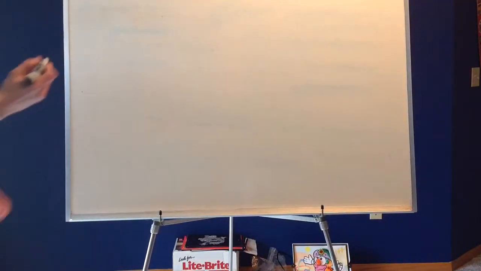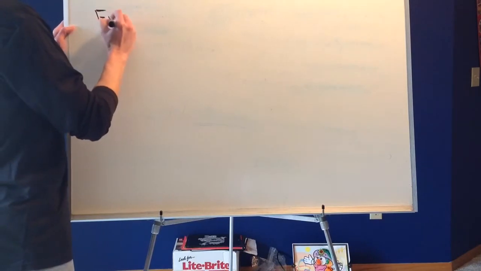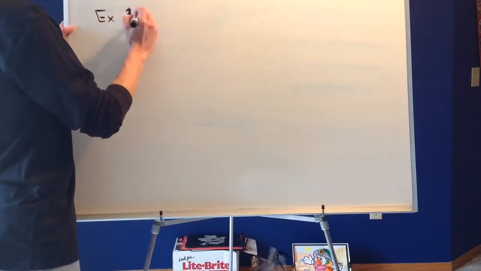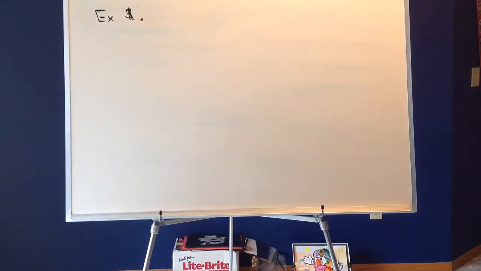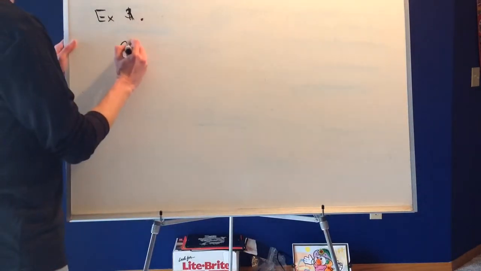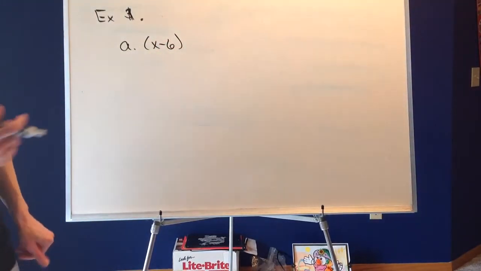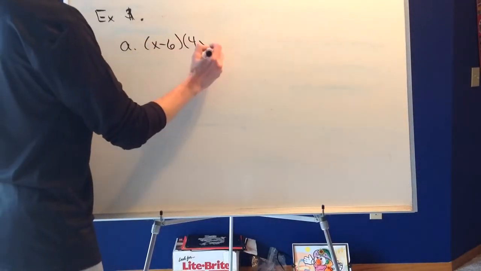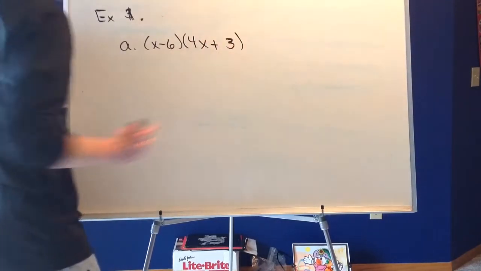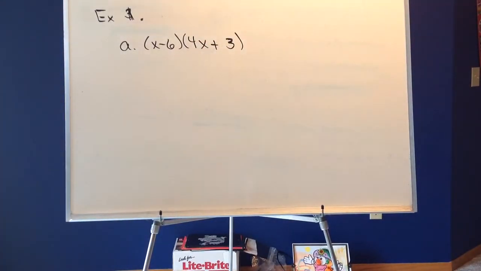Okay, so for example 1, you have 3 problems that we are going to do with the FOIL or distributive method. The first one is x minus 6 times 4x plus 3. We really are just going to distribute.